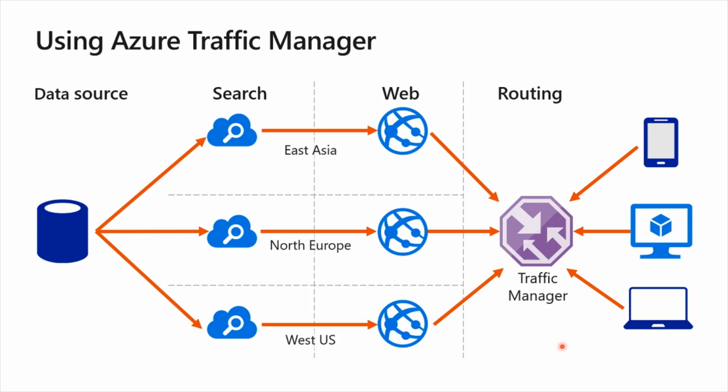One advantage of Traffic Manager is that it can probe Azure Search to ensure that it is available and route users to alternate search services in the event of downtime. So Azure Traffic Manager can help you with that. You can use the routing of Traffic Manager simply depending on your location.